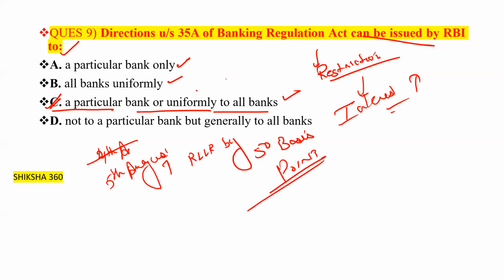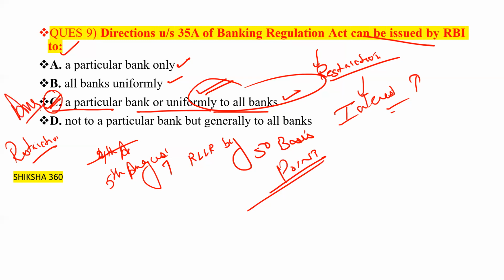This is applicable uniformly to all the banks. Or there may be a specific restriction on a particular bank because its financial condition is not up to the mark. So the correct answer here is option C: either a particular bank or uniformly to all banks.